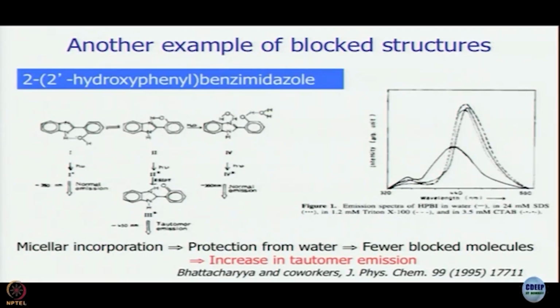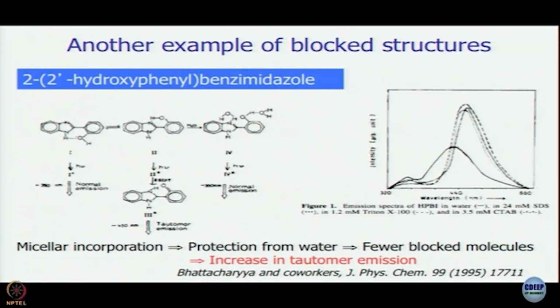And this is an example of block structures. Again, I am very fond of this paper because this is my first published paper. The molecule is HPBI. This small band that you see is due to the normal form, this is due to the tautomeric form. Here this molecule exists in different tautomers. So, you always get 2 bands.